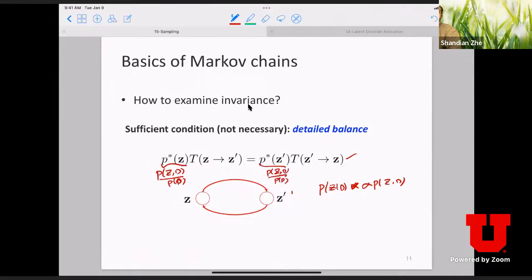What can we observe? P of D, the marginal distribution of data, is cancelled. You actually never need to calculate the true posterior.